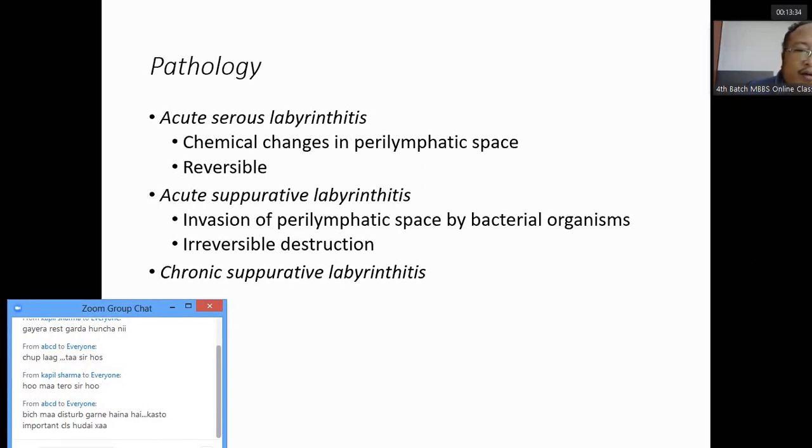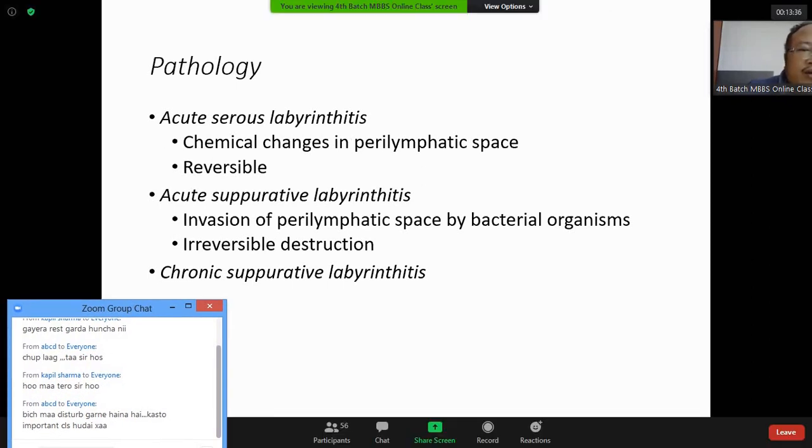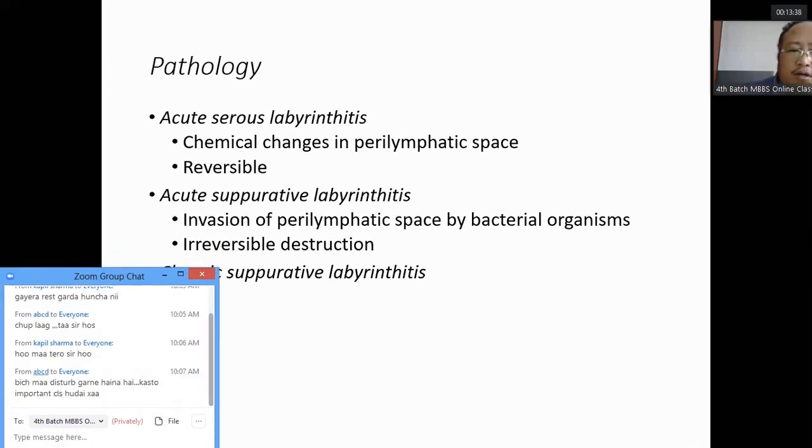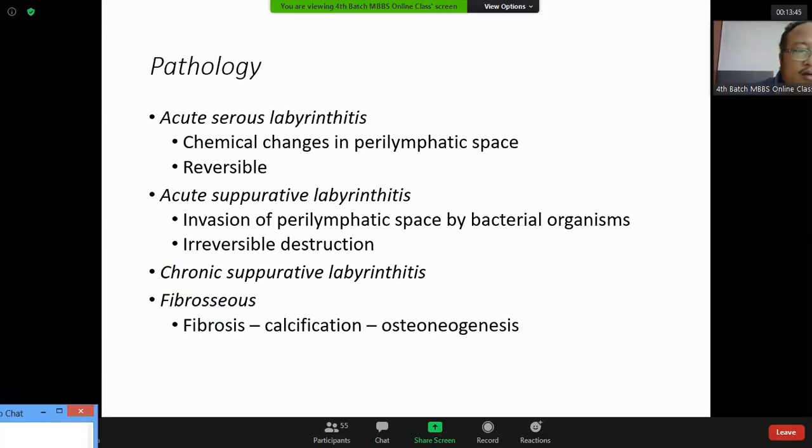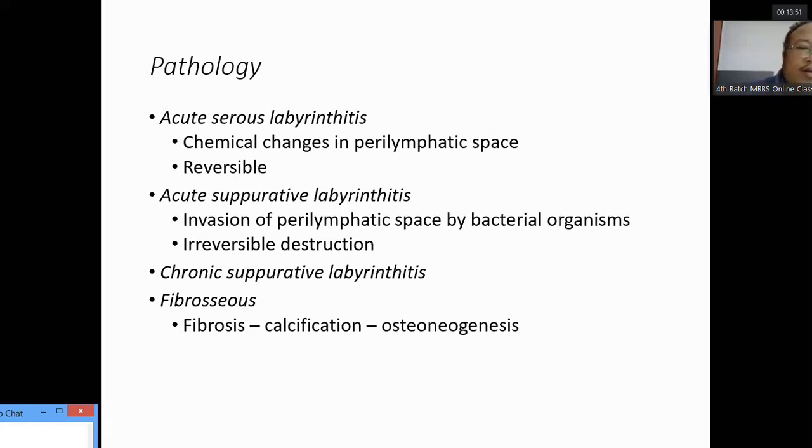The majority recover, but 100% recovery is difficult. Chronic suppurative labyrinthitis also causes the same type of issues. Osteogenesis happens in fibrosis conditions. The long term issues.